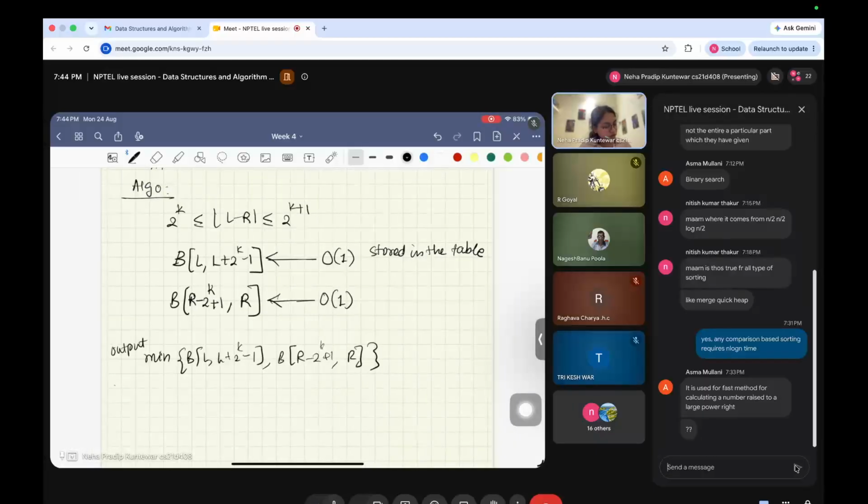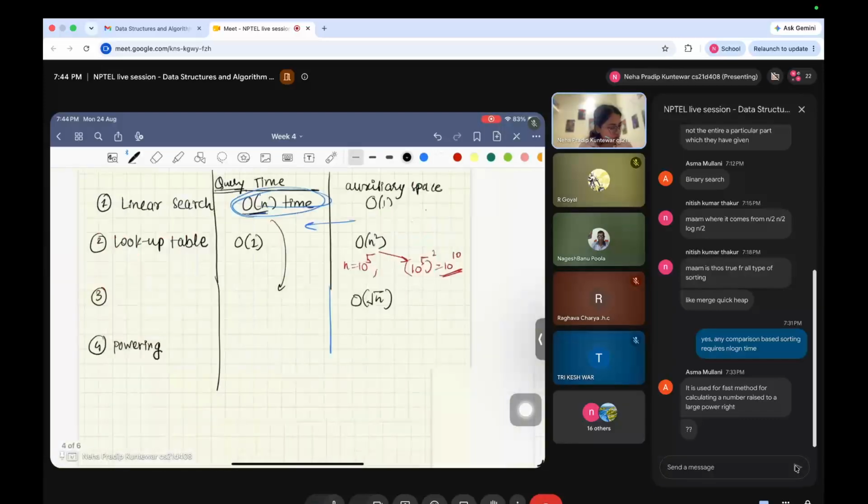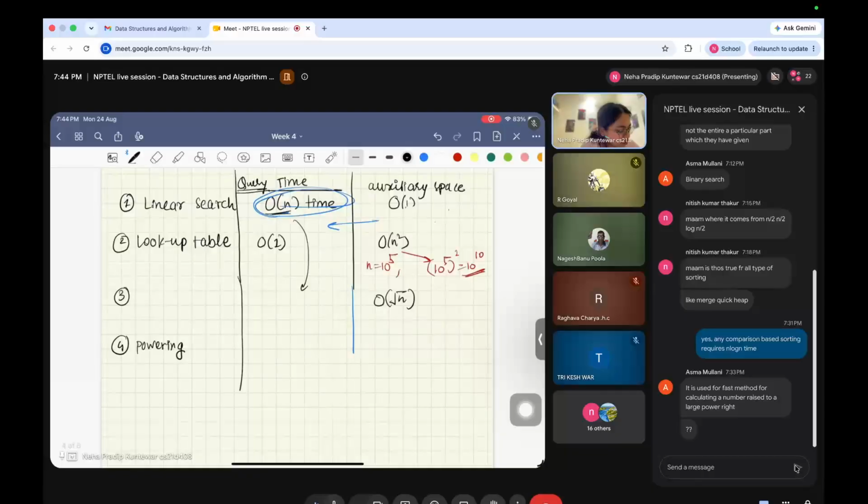So you are still running in order 1 time in terms of queries, but you have reduced the space from n square to n log n. So that was the algorithm you saw in class. So this was order n log n space, but order 1 time.